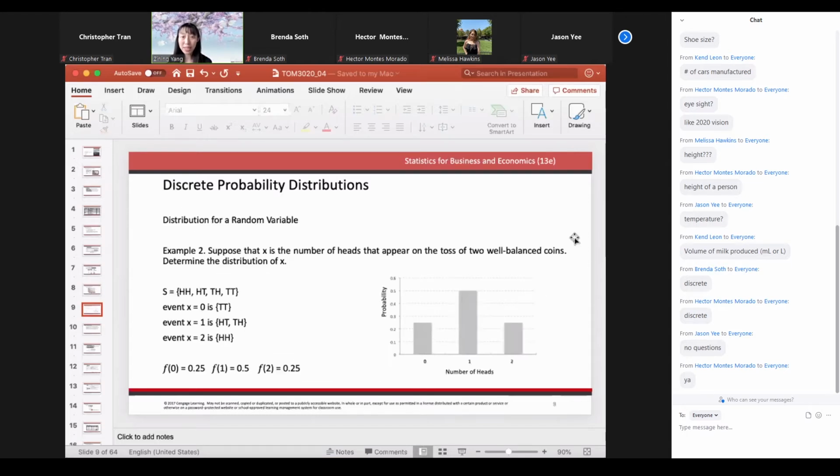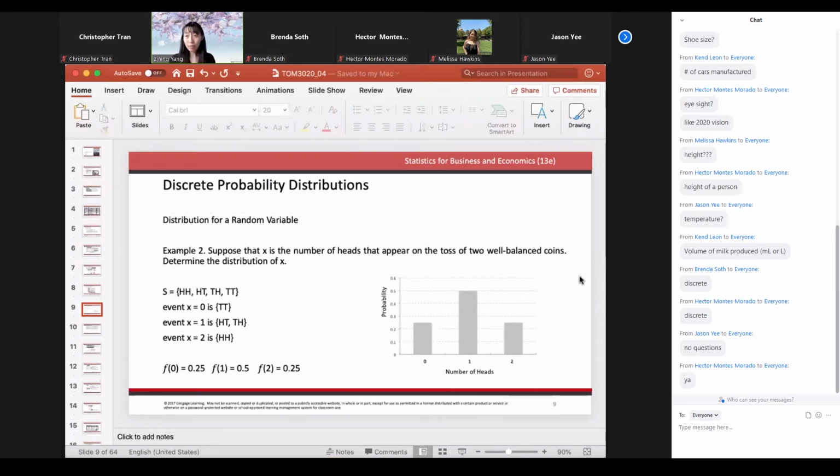So that's the basics. Now let's look at another example. In this example, we create a new random variable. The random variable x is the number of heads that appear on the toss of 2 coins, and we want to determine the distribution of x.